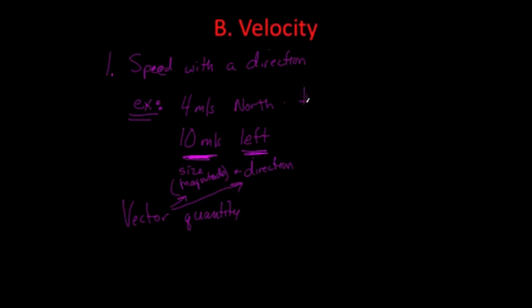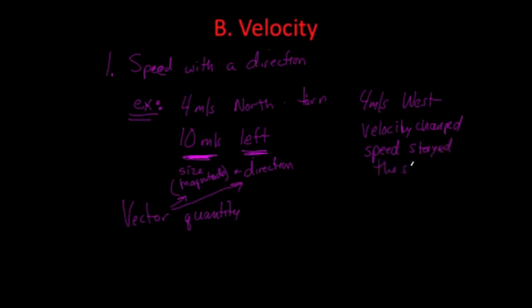If they now are going 4 meters per second west, the velocity changed, but the speed stayed the same. So your speed can remain the same and your velocity can change.